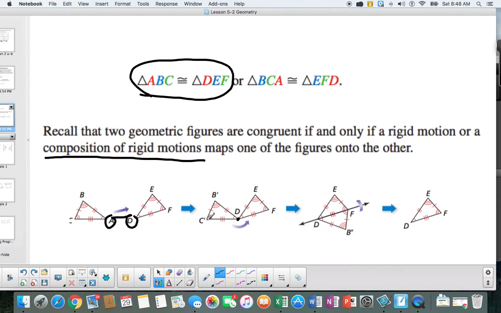Now I'm going to do a rotation to force this side to map onto this side, and then I'm going to get this picture, and then I'm going to use a reflection to get B to match onto E, and we get this. So if we can get all 3 pairs of sides and all 3 pairs of angles to match, then we know rigid motion has taken place, and then we know we have congruent triangles.